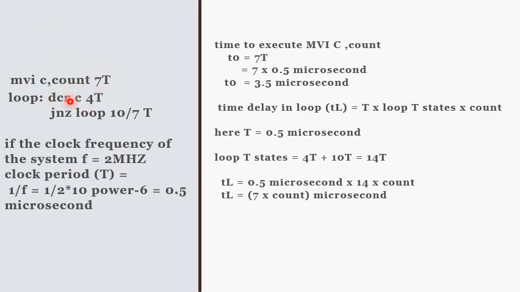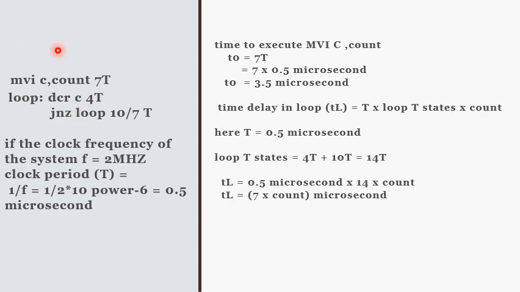What this program does is stay inside this loop until the count value becomes 0, by means of which we create a delay, right? Once this count becomes 0, it comes out of the loop and executes the rest of the lines in the main program, right?